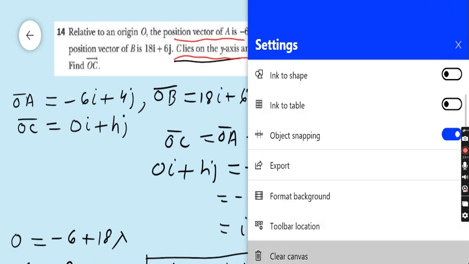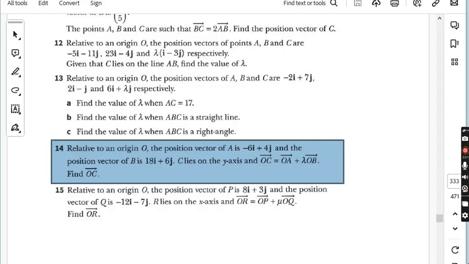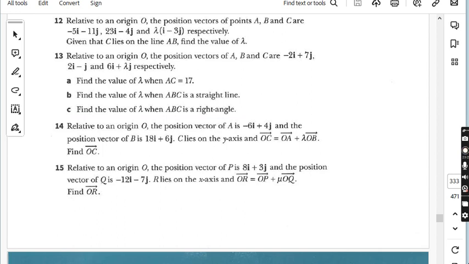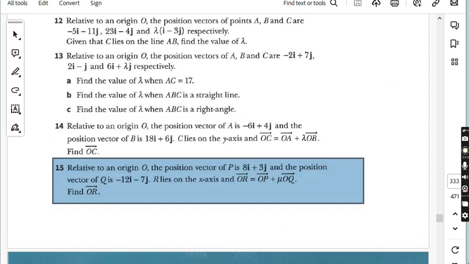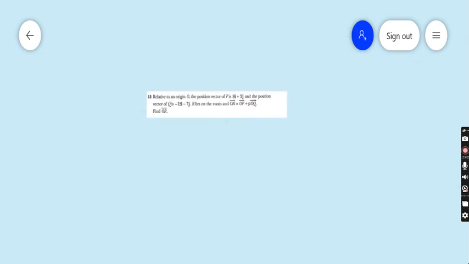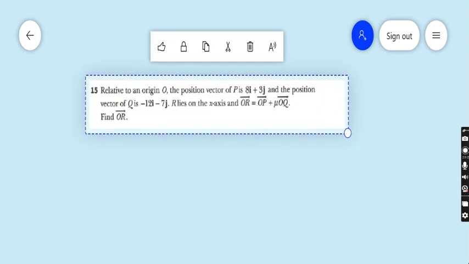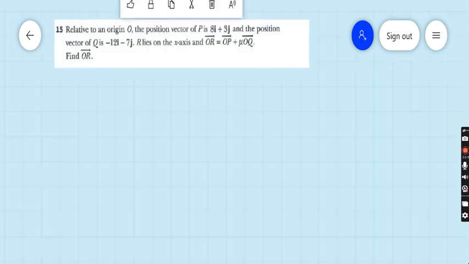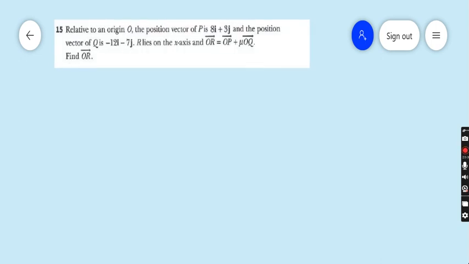Move to question number 15. Relative to an origin, the position vector of P is 8i plus 3j.